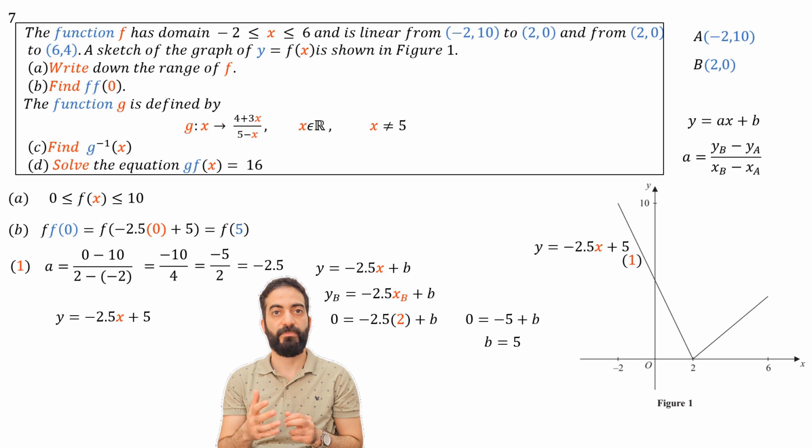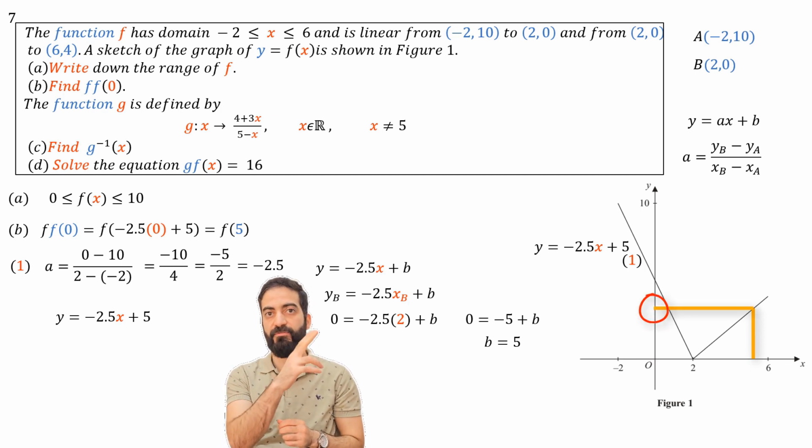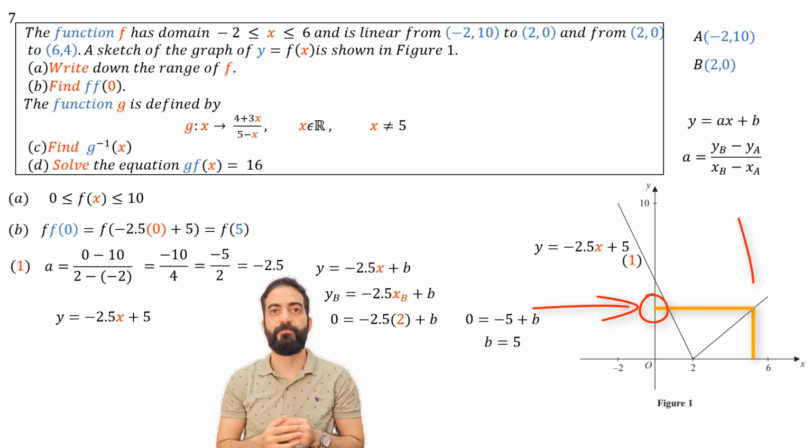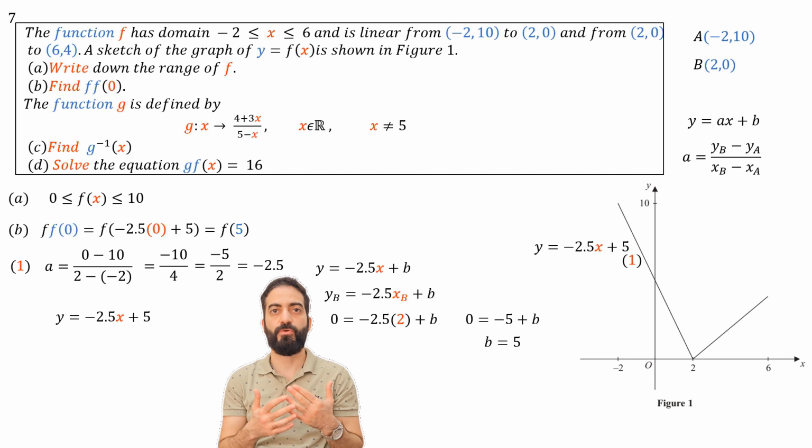Now we must get f(5). That is, when x equals 5, we must get the answer to y. As we see in the graph, f(5) is here on this line. Unfortunately, there are no numbers here on the y-axis. For this reason, we must get the answer through calculation.